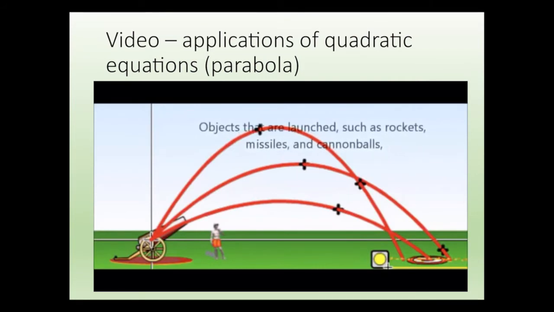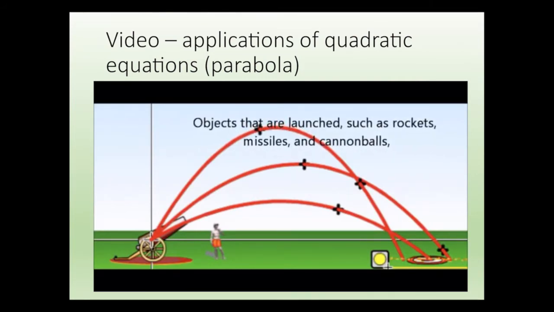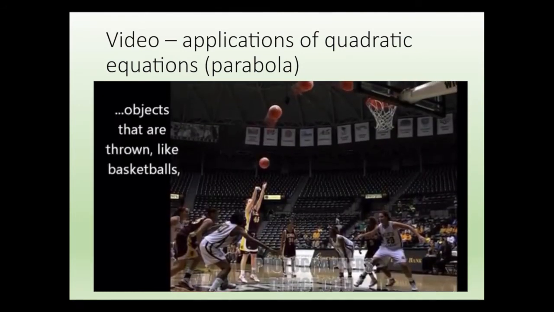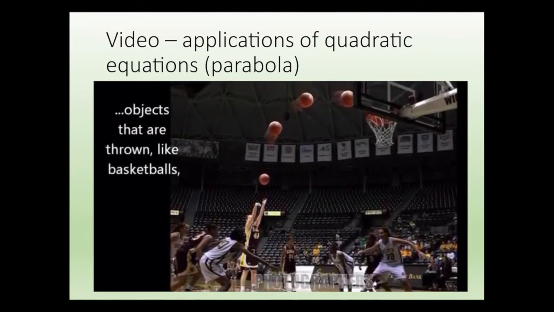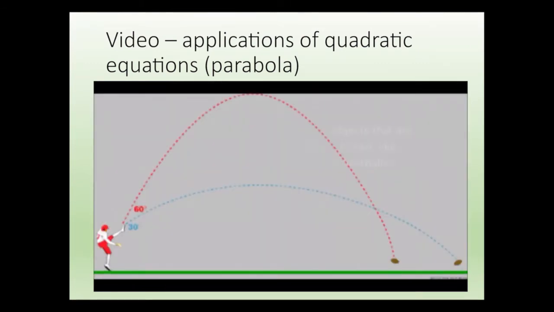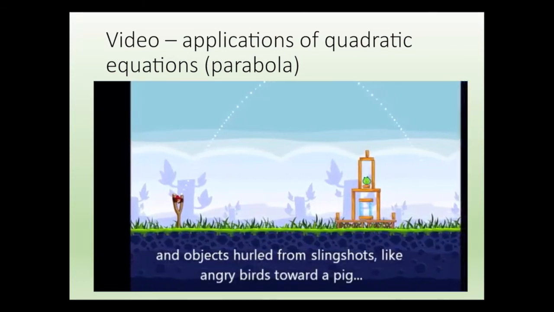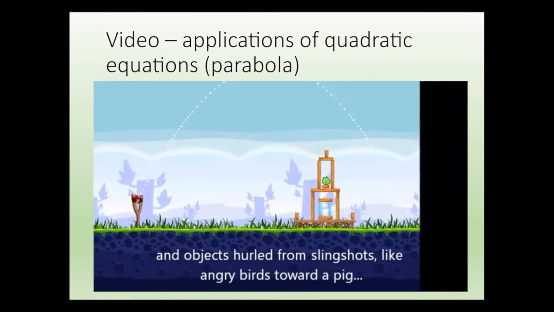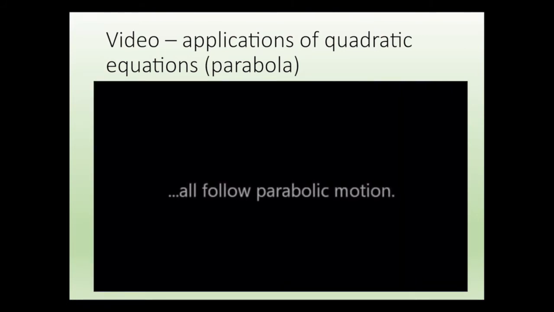This sort of application is widely used in predicting, say, a projectile, and analyzing kicking a football or throwing a ball. Of course, it's used in games, like Angry Birds.